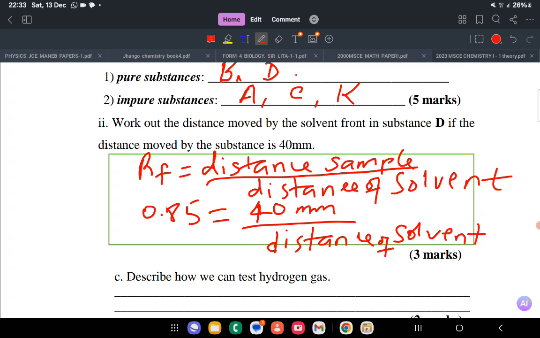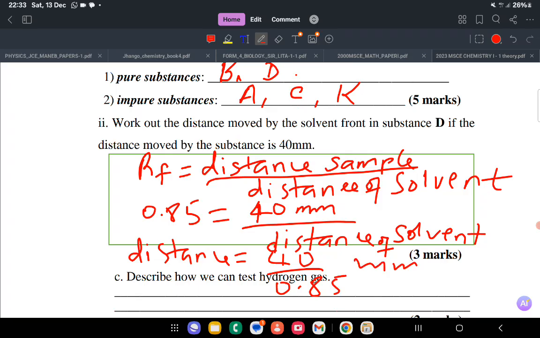In this case, making it the subject means the distance is going to be 40 divided by 0.85, in millimeters.